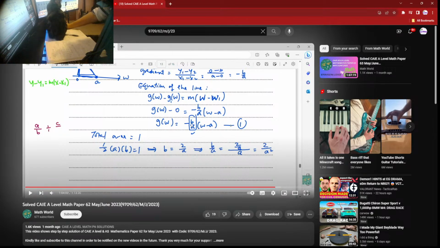Let's, oh my gosh, what is this? Is this the equation of the line?